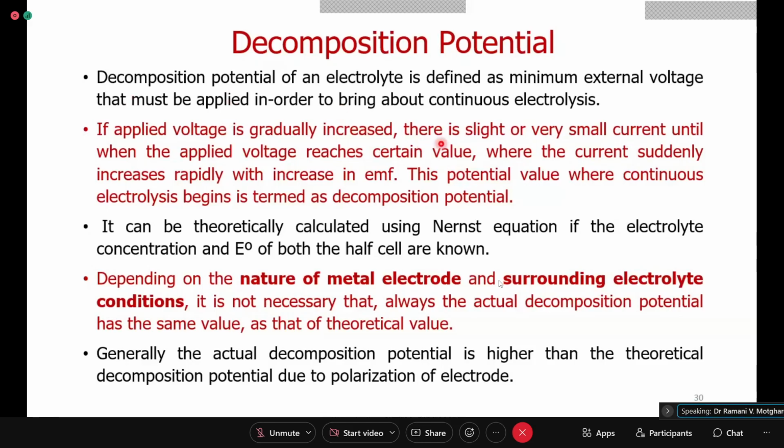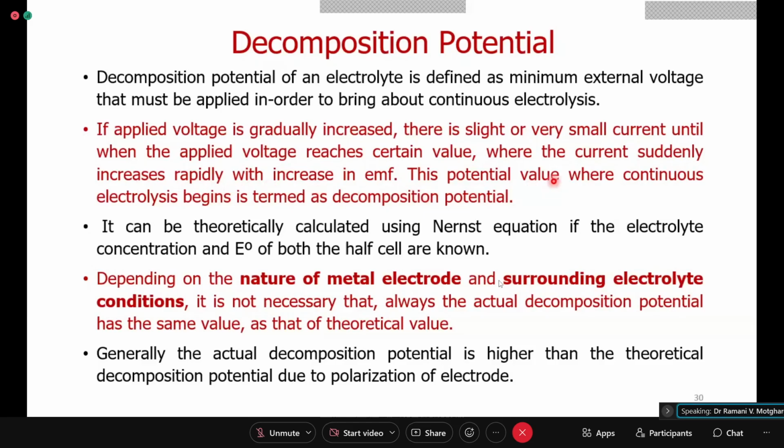So theoretically, how do you define it? Decomposition potential of an electrolyte is defined as the minimum external voltage that must be applied in order to bring about continuous electrolysis. If applied voltage is gradually increased, there is a very small current until the applied voltage reaches a certain value where the current suddenly increases rapidly with increase in EMF.